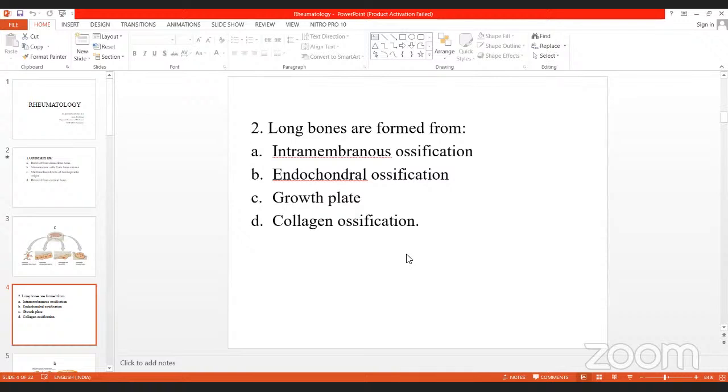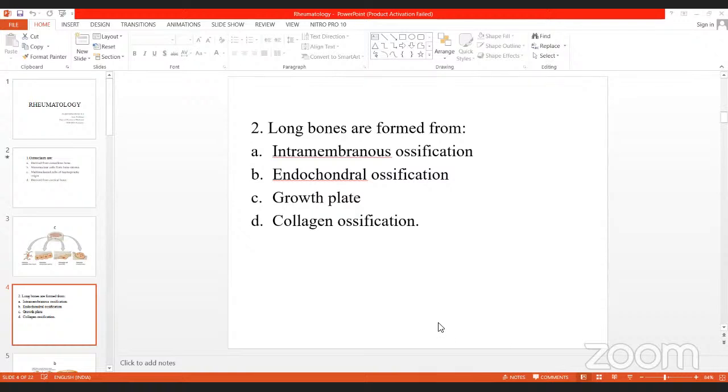There is nothing known as collagen ossification. Collagen is the protein which is responsible for the formation of structure. There are mainly 2 types of collagen, type 1 and type 2. Type 1 collagen is the most important protein in the bone, and type 2 collagen is the most important one in the articular cartilage.